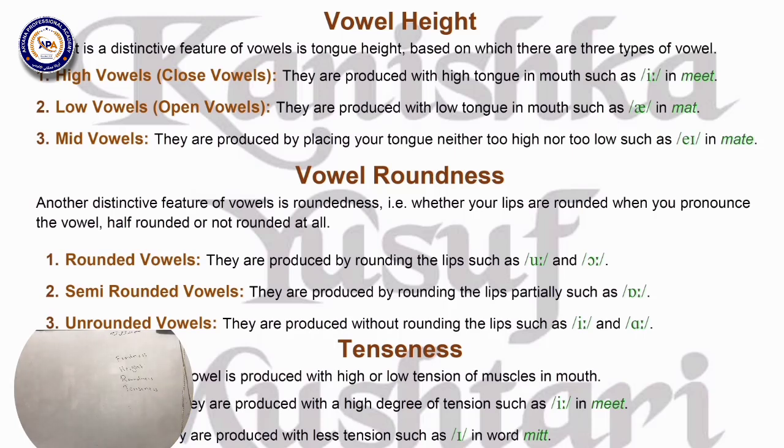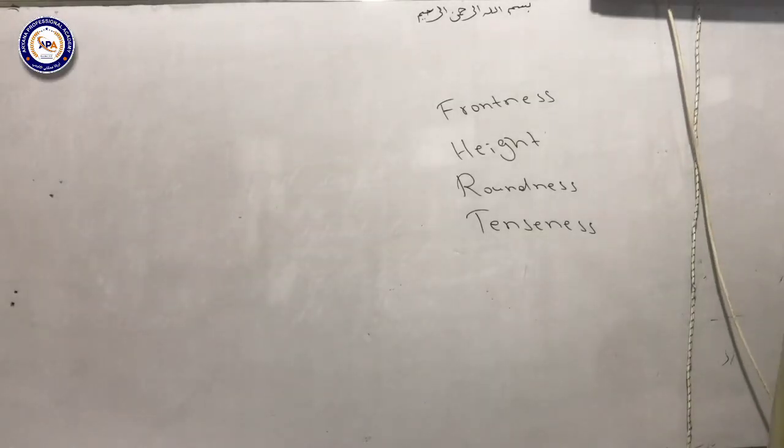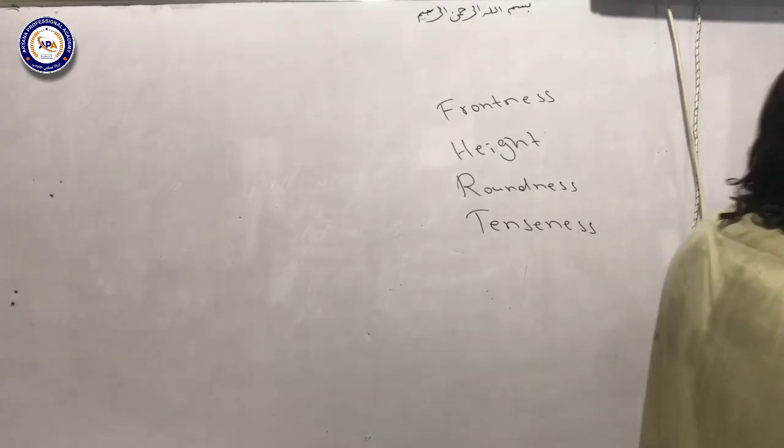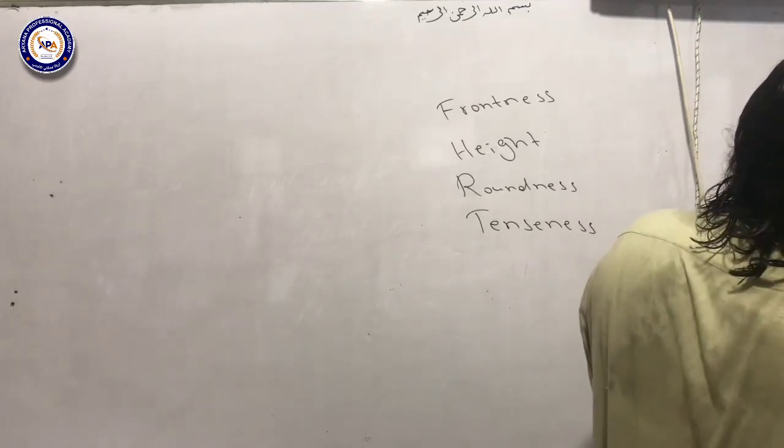If you check the E sound, I'll show you a short animated video, in which it is pronounced and the mouth is shown from the side view. So you can see that when you pronounce this sound, the tongue goes high. According to frontness, E was a front vowel, we studied yesterday. That was one aspect. But according to height, it is a high vowel. Look at this sound.